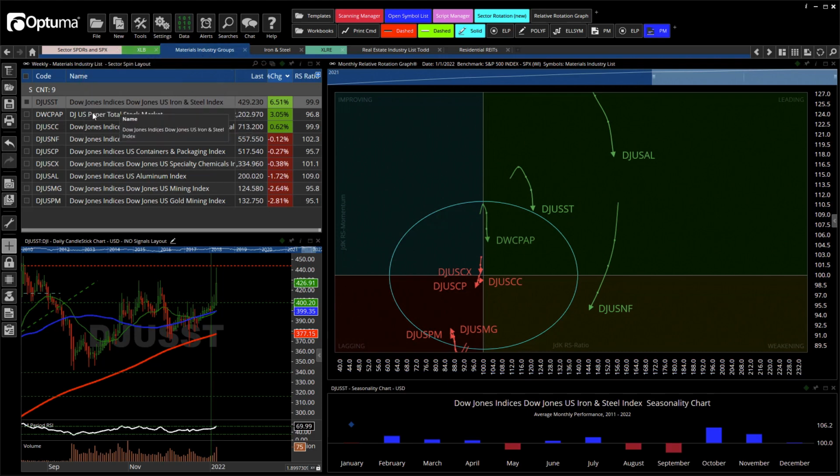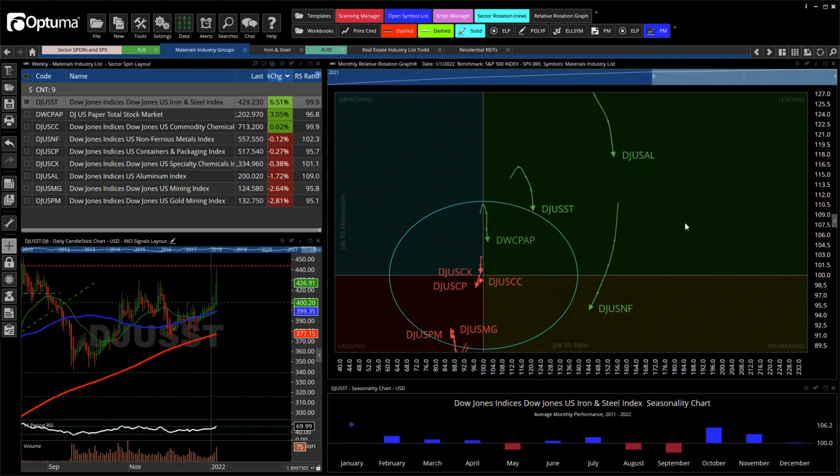All right, but really, let's take a look here inside the materials sector. The sector itself is decomposed or categorized in 9 different industry subgroups. Okay, so there's the U.S. iron and steel, the paper, the commodity chemicals, non-ferrous metals, container and packaging, U.S. specialty chemicals, aluminum, mining, and gold mining.